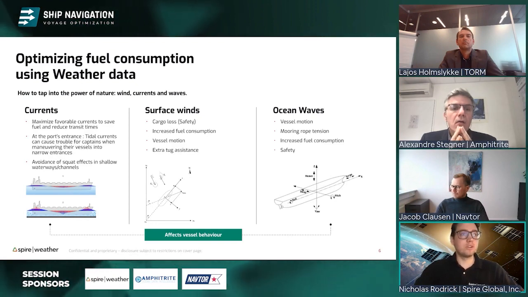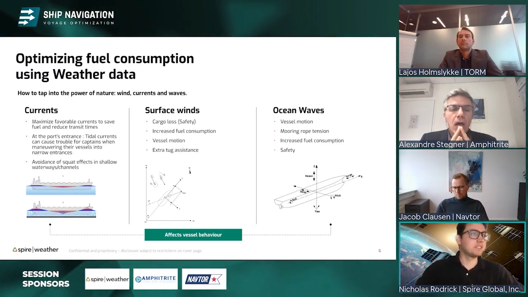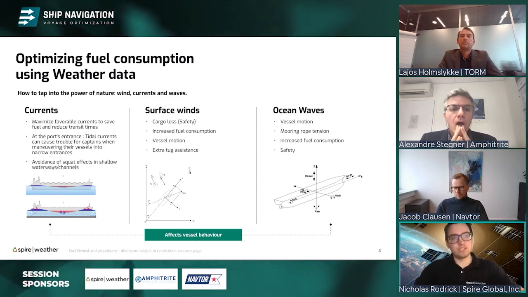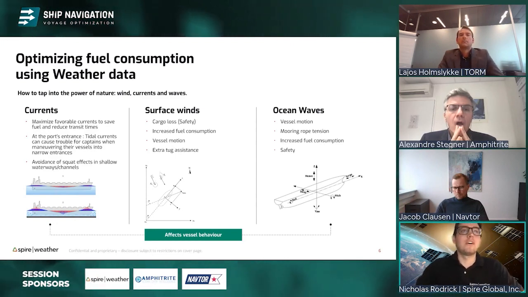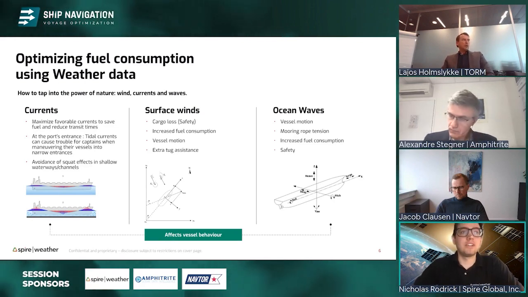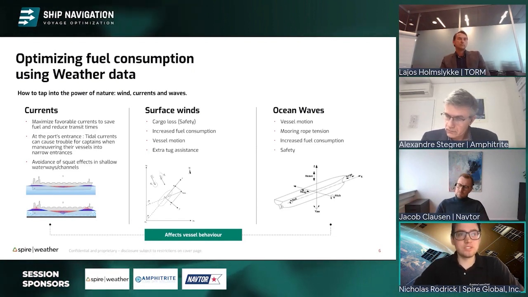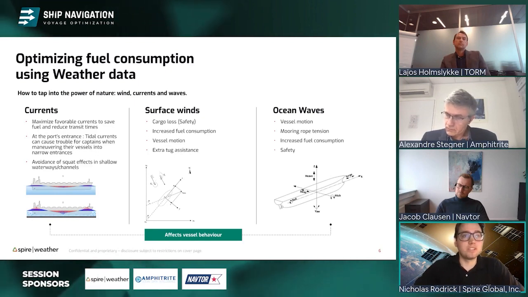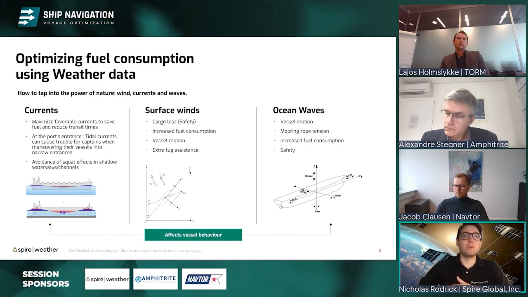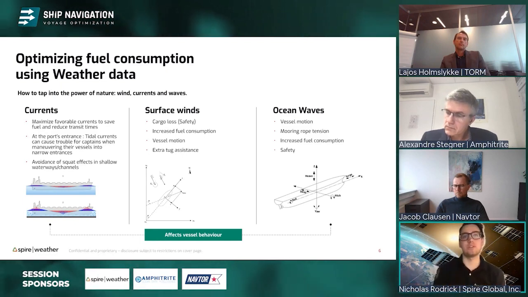Moving on to surface winds, ocean variables can have an impact specifically on safety. We see this with large cargo vessels and surface winds, for example. That can also have an impact on fuel consumption. So it can have an impact on both safety and fuel consumption.